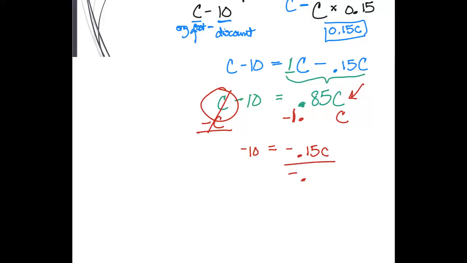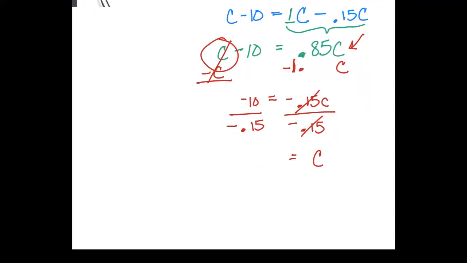Divide by negative 0.15, because whatever you do to one side in the equation, you have to do to the other. So divide by negative 0.15, these cancel out. C is equal to, take negative 10 divided by negative 0.15.